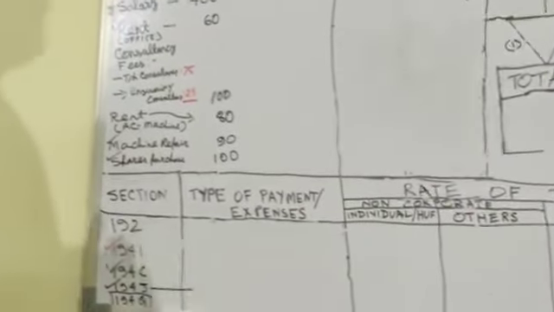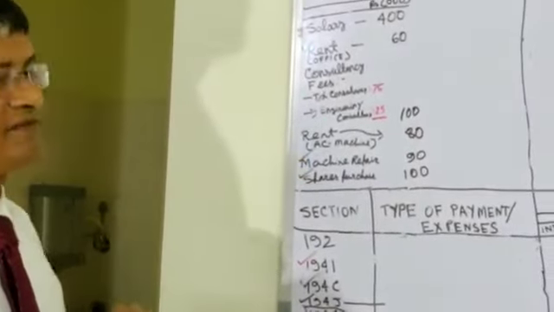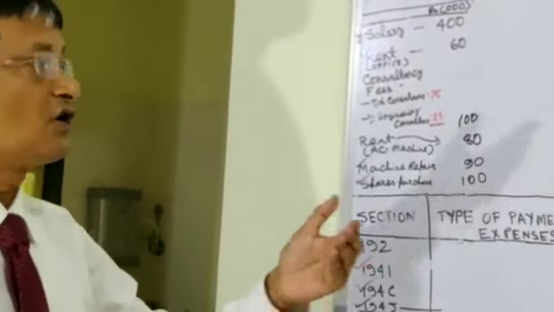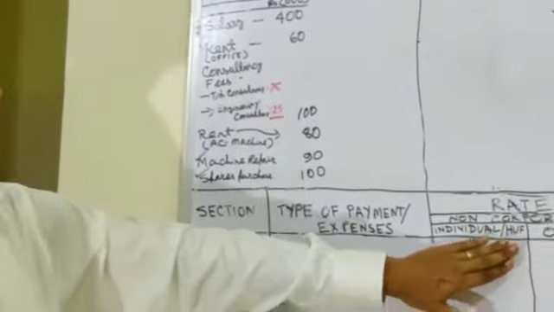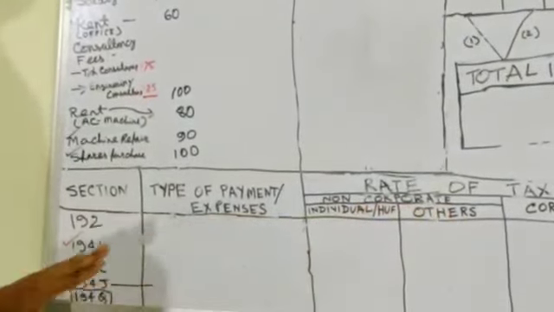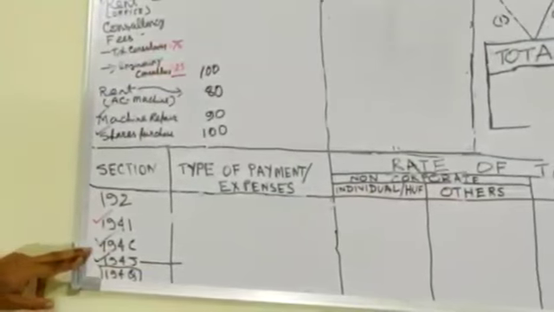So if I appoint a contractor and take some services from that contractor, then I need to find out whether the contractor is an individual or HUF or others. Accordingly, we have to apply the TDS rate to deduct the TDS.